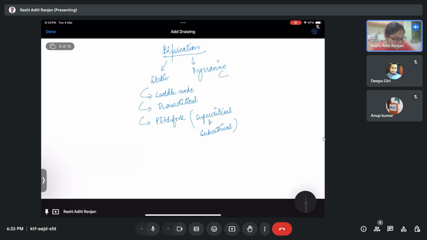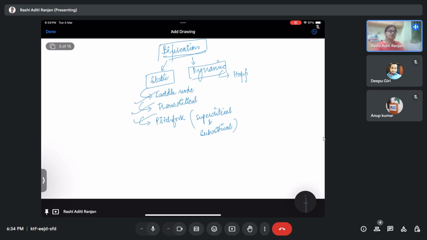And the dynamic bifurcation is going to have Hopf bifurcation. The discussion about Hopf bifurcation has already been done in the lectures. However, when we take up the question about it, we will do a brief discussion. So these three types of bifurcation I have already briefly explained.